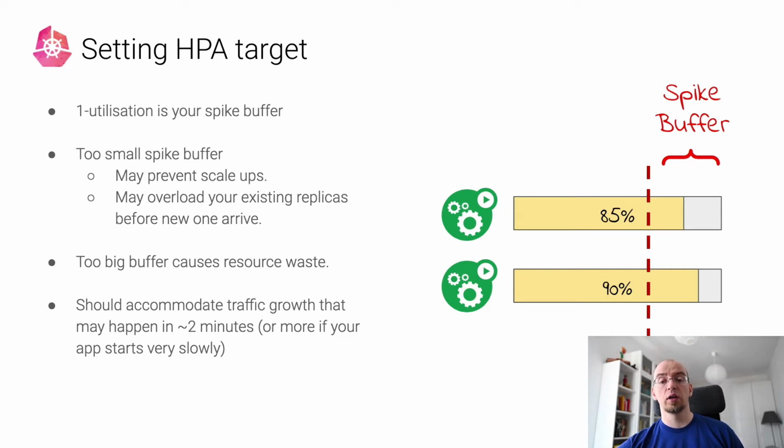The value of the target utilization should allow you to run with the increased traffic but with the old number of replicas for, let's say, 2 minutes and still have a bit of buffer. So, if you expect that within any 2 minutes your traffic may rise by 50%, set the target utilization to less than 65%. If it can double, to less than 50, and so on and so on.